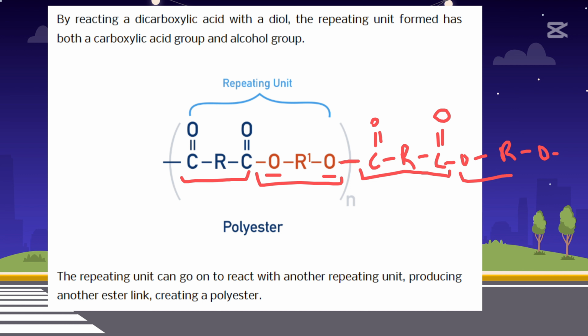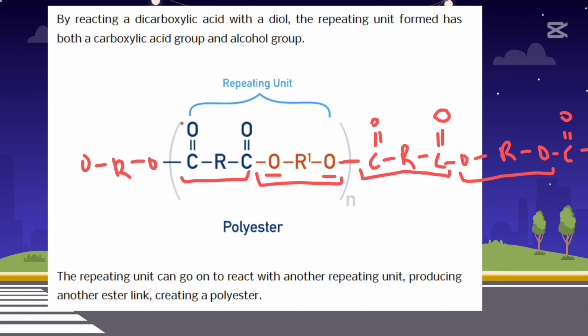I'm at the diol, so of course the other repeating unit would have been our dicarboxylic acid, and it continues. Likewise for the left hand side, if it's a dicarboxylic acid, a diol would be attached, and it just continues and continues.